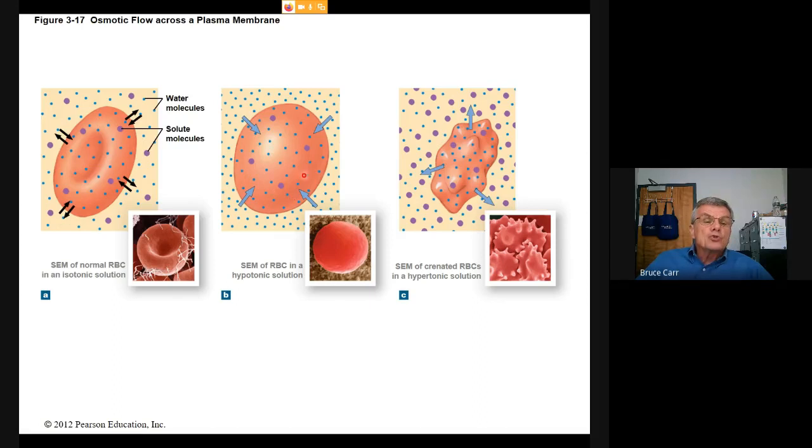See how it blows this cell up to a larger size, and it rounds it off to a shape like a ball. This is called a hypotonic solution because of the lower concentration of water inside the cell. The cell is hypotonic to the surrounding medium.